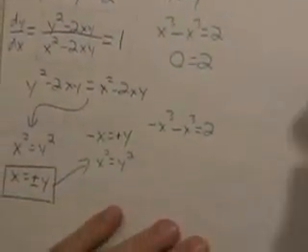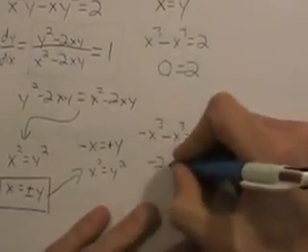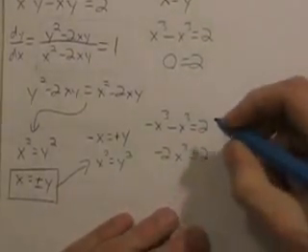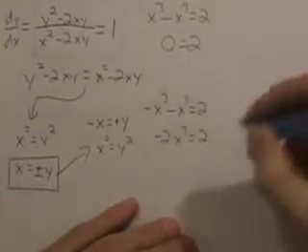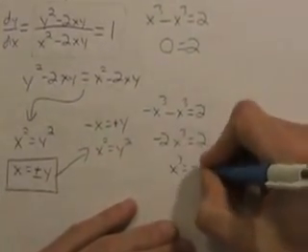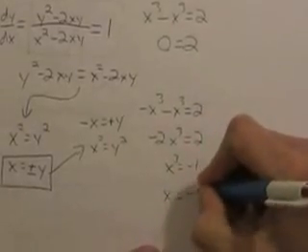And this is actually good news, because that's minus 2x cubed equals 2. And once again, we divide by -2. They don't all work this way, I promise. And you get x cubed is -1, so x is -1.